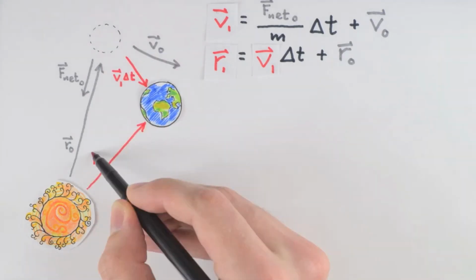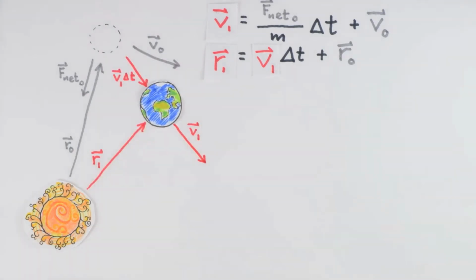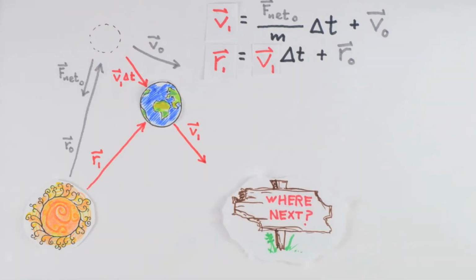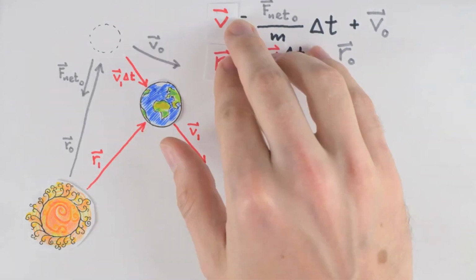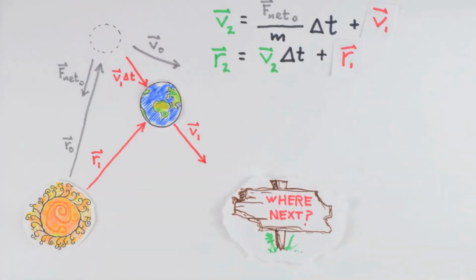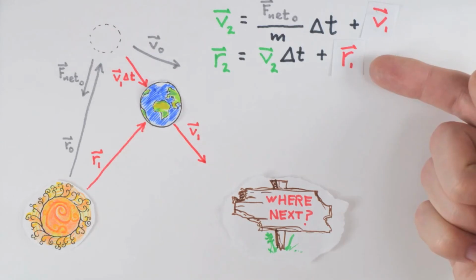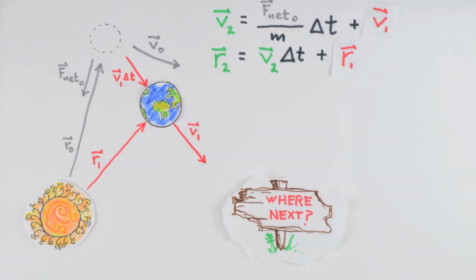That's good as far as it goes, but what if we want to predict still further into the future? How would we do that? Well, we could do this. Take our new predicted position and predicted velocity and go back to the top, where we could now treat these quantities as new initial conditions, a new initial position and new initial velocity.